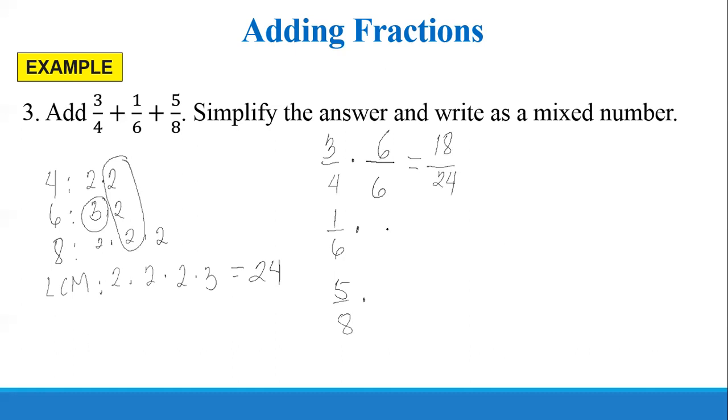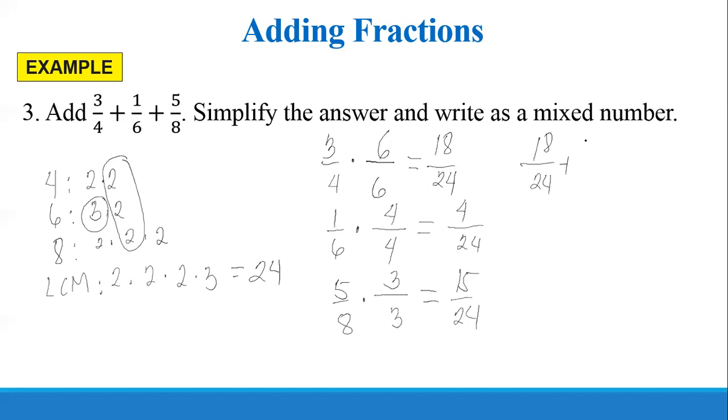And then next, multiply by 4, okay? To make this denominator into 24. This is equal to 4 over 24. Next, so the denominator is 8. Multiply both numerator and denominator by 3. And this is now equal to 15 over 24. And then next is, add now the fractions. Okay?